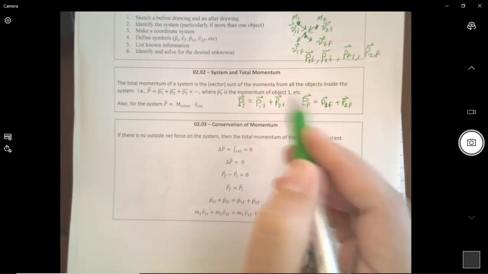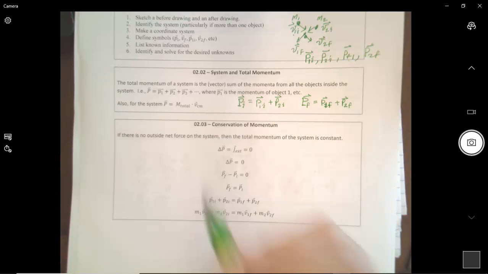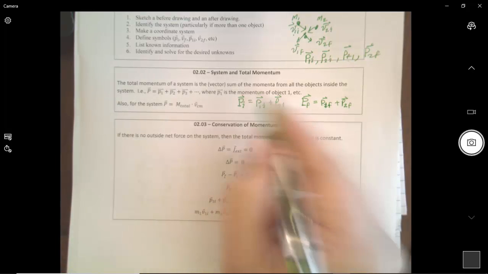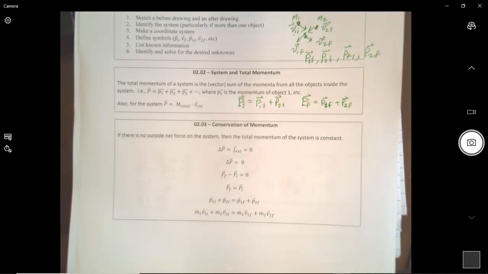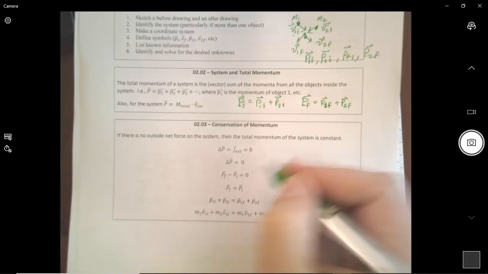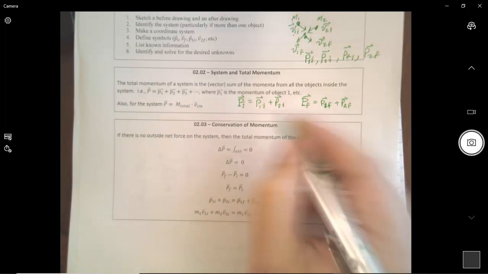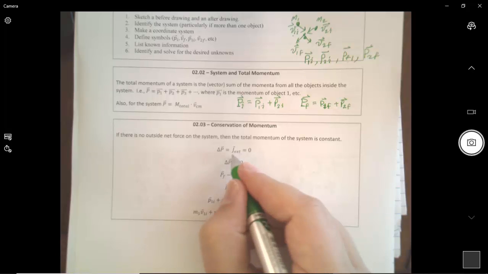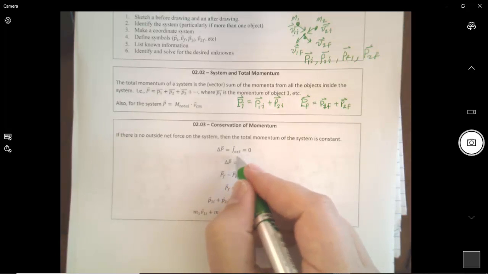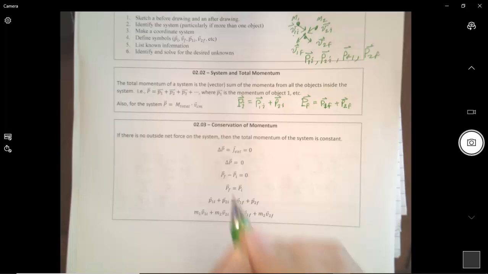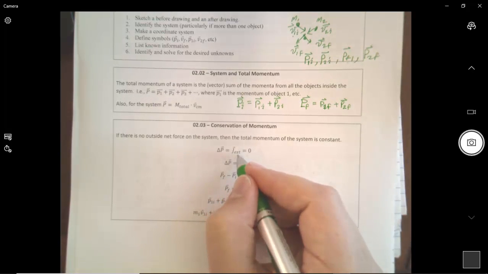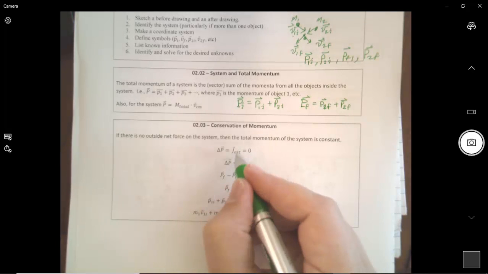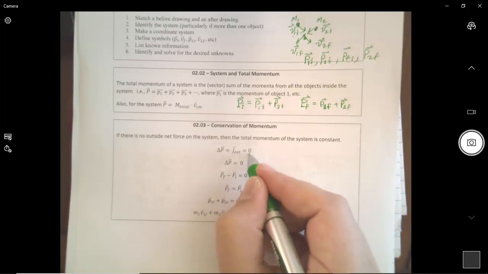So when we have a conservation of momentum, we're usually talking about our system of objects. And just like for an individual object, if we have external forces, we can change the momentum of that system. And that would change due to an impulse. But let's say those external forces either cancel out or there are no external forces, then that external impulse is going to be equal to 0.